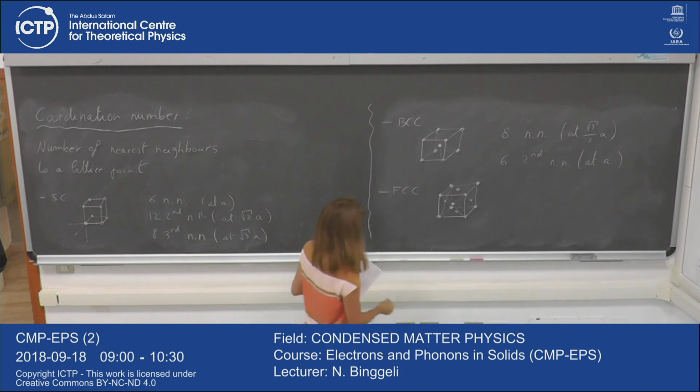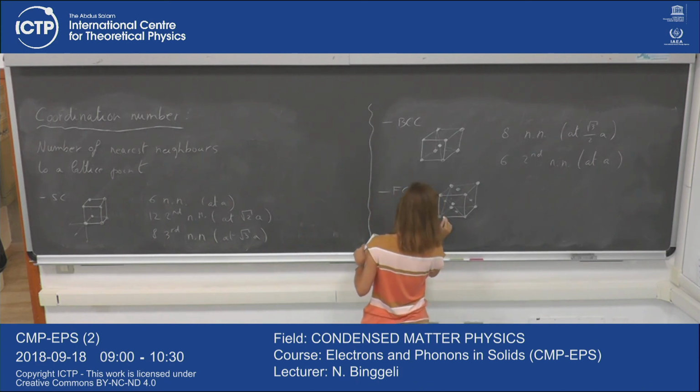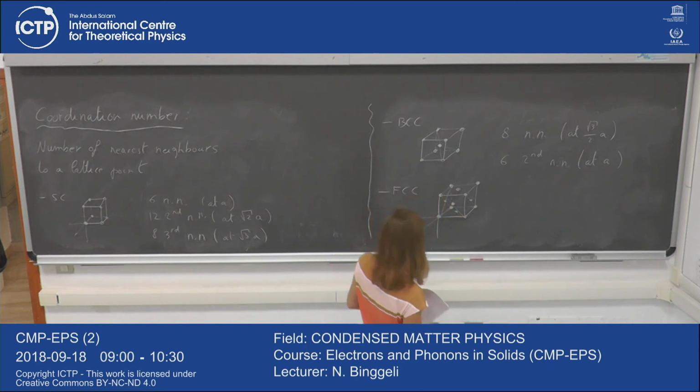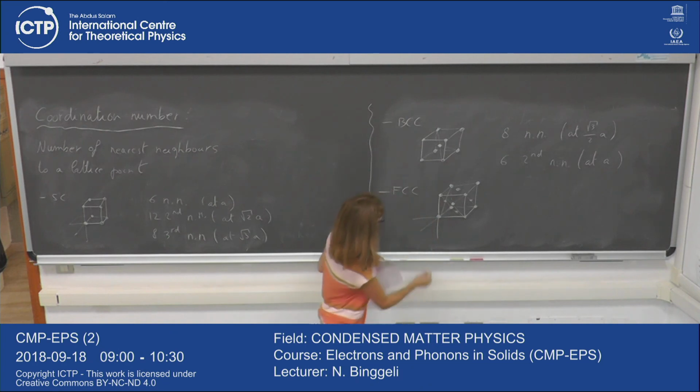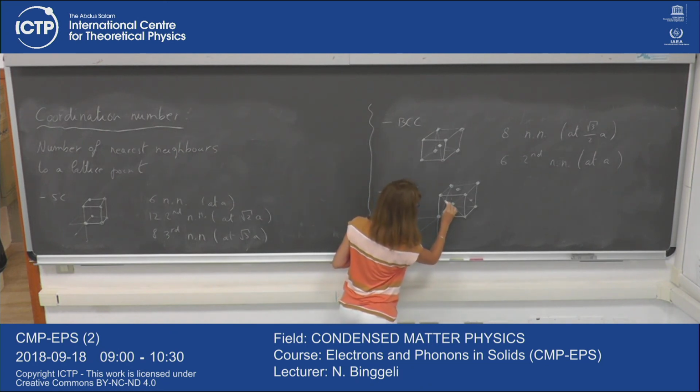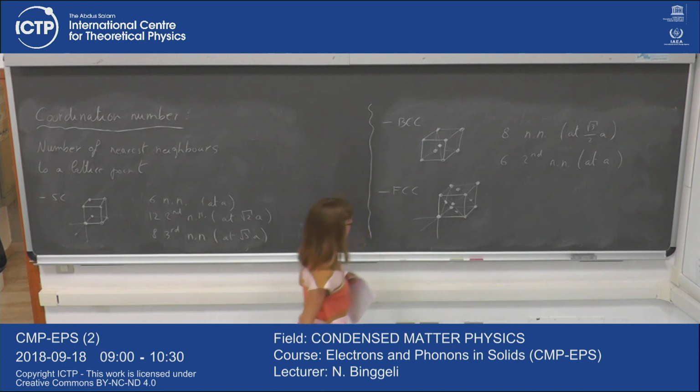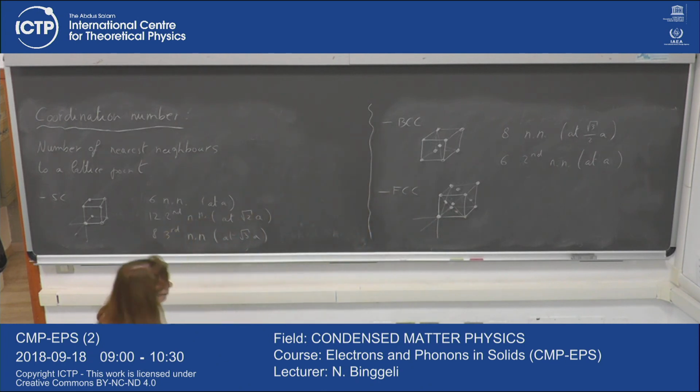If I consider a point, for instance one at the corner of my cube, how many first nearest neighbors does this point have?